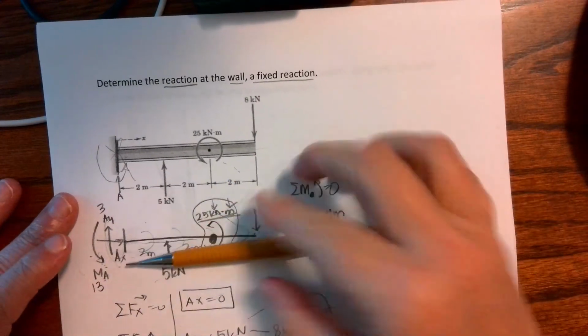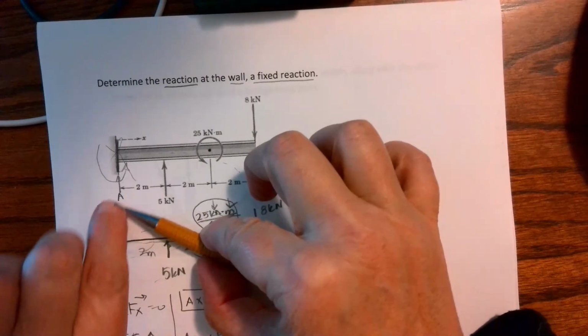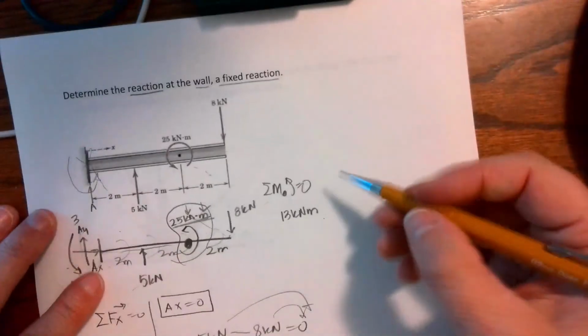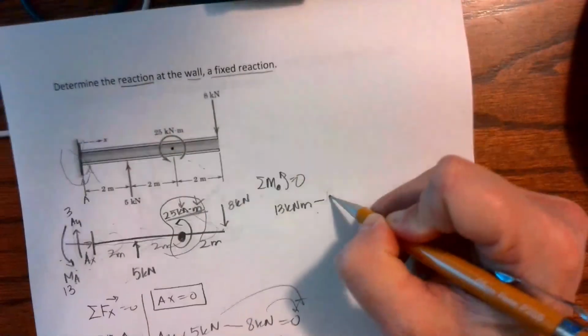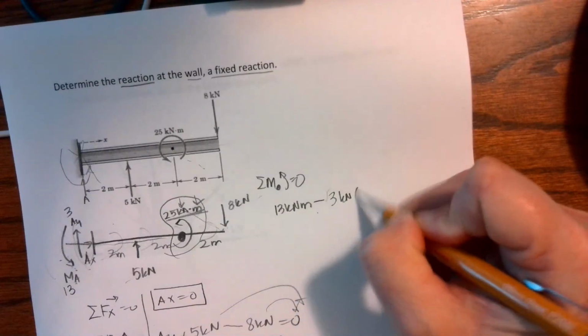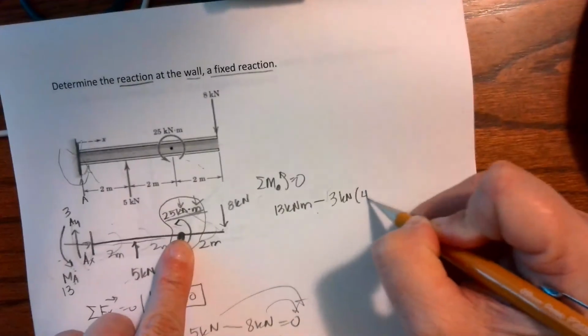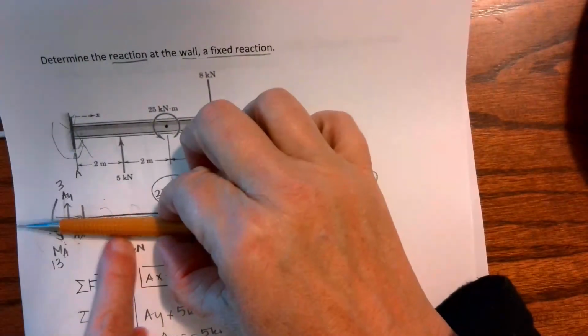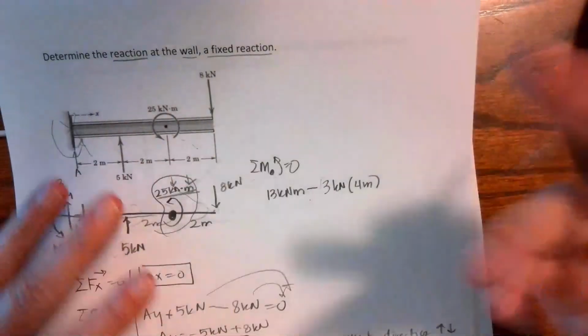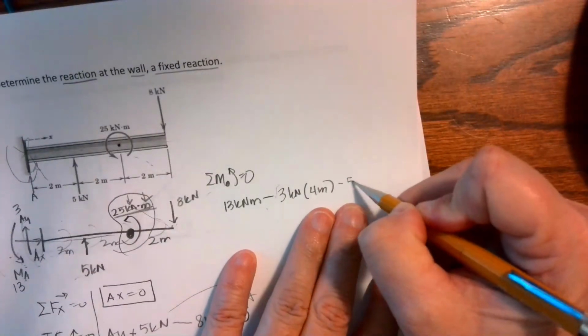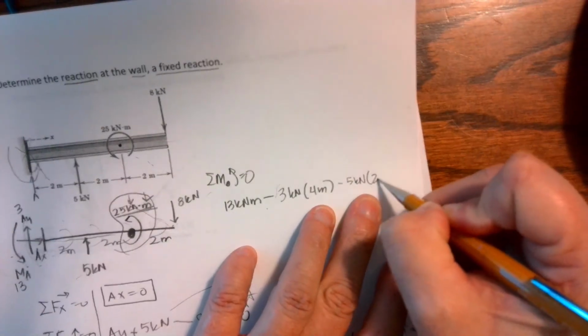Okay. Pinned here, force going up. Clockwise rotation is negative, minus 3 kilonewtons times 4 meters. That's my entire moment arm. Okay. Pinned here, push up, clockwise rotation. So I have minus 5 kilonewtons times 2 meters.